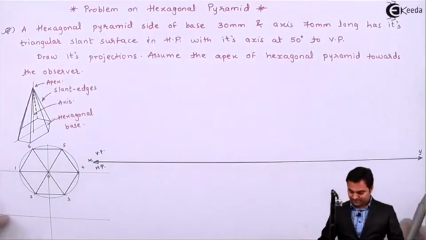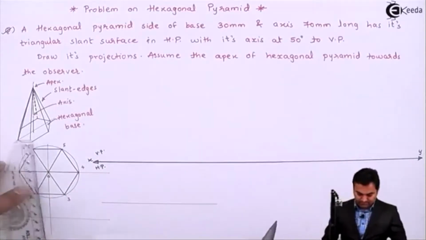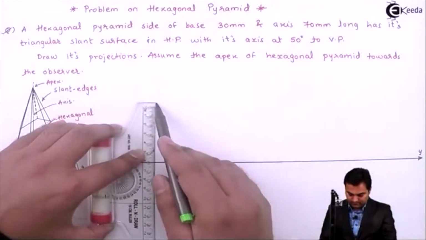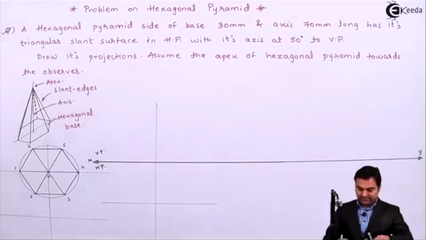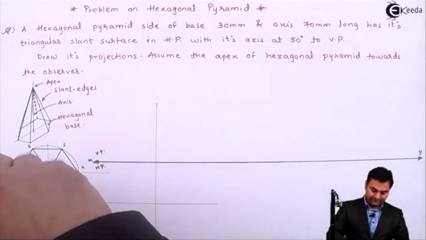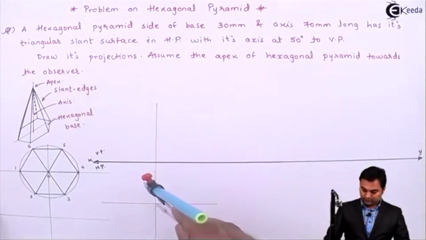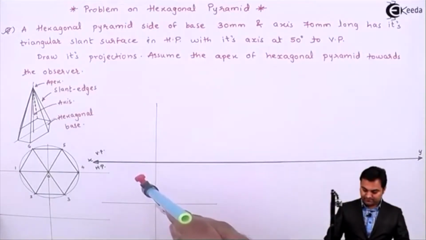So for that, here I'll keep the radius as it is. Radius is 30 mm here. So 30 mm is the side of the hexagon.